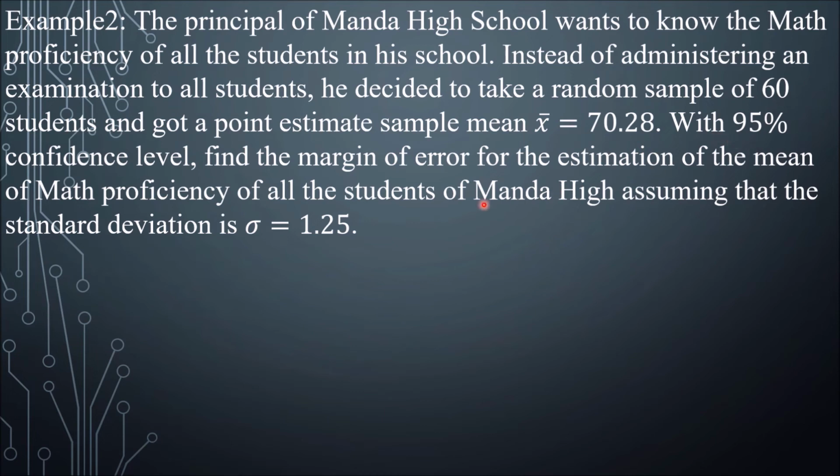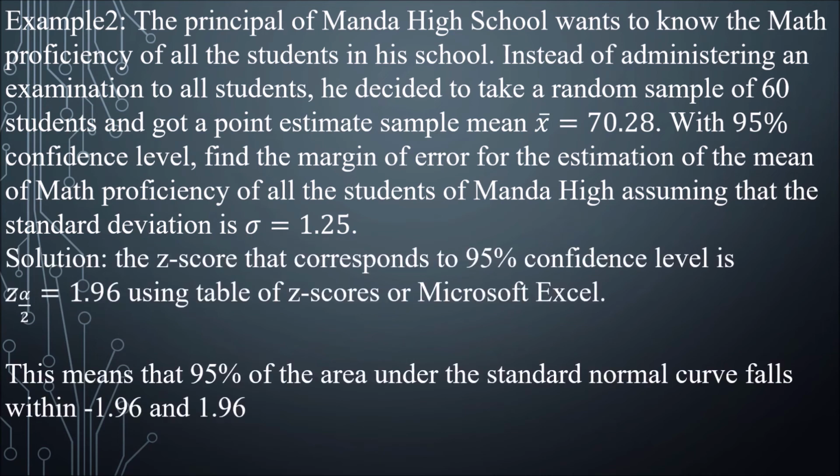With 95% confidence level, find the margin of error for the estimation of the mean of math proficiency of all the students of Manda High, assuming that the standard deviation is 1.25.